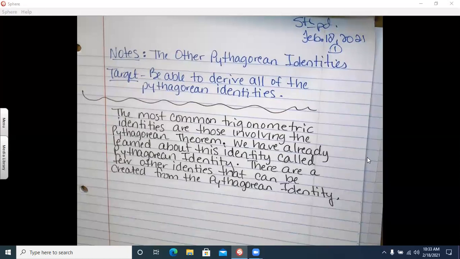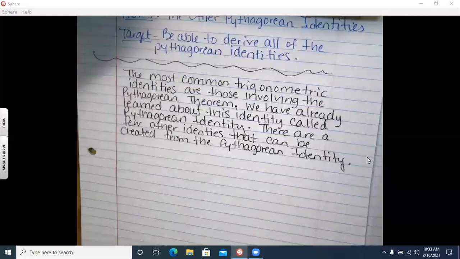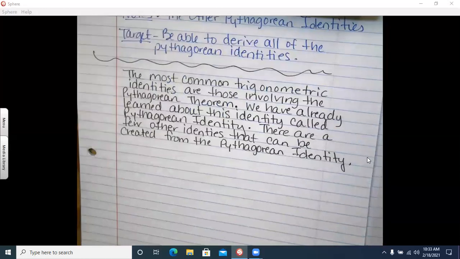So before we get started, let's remind ourselves of a few things that we know in trig, okay? We know in trig, the unit circle has a hypotenuse of 1, right? So when you find sine, cosine, and tangent, the sine is always the y value, because the hypotenuse is 1 when talking about the unit circle. So in trig, we say that the sine of theta is equal to just the y value.